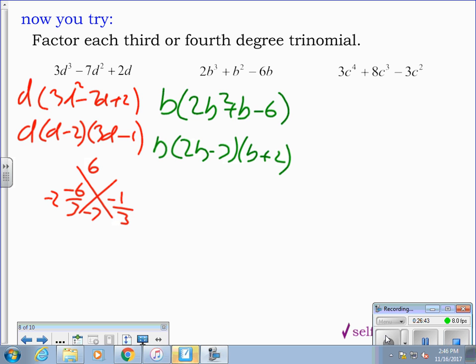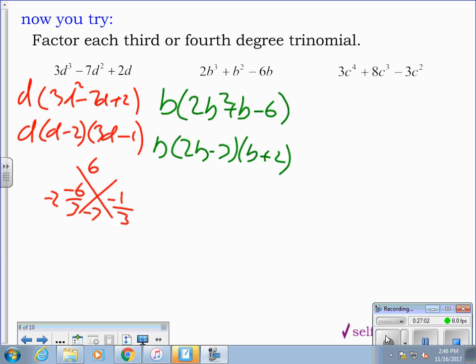Is that right? Yes, I did it without doing the Xbox. It's been a while since I've done that. I'm happy I could do that one in my head. I don't expect you to always do that. I really like this method. This makes it so much easier. But it's been a while. I wanted to try to do it in my head. So I'm happy I got it right.